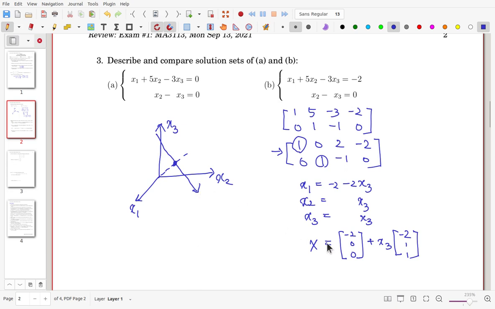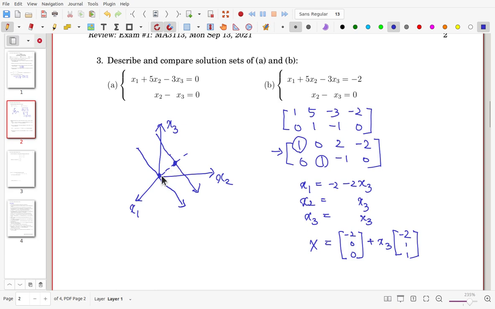Okay, that's the solution for this non-homogeneous one, and for that one, just ignore this portion, then it is passing through the origin in the (-2, 1, 1) direction. The solution for the homogeneous system, of course, they must be parallel, and this one is shifted from this one.